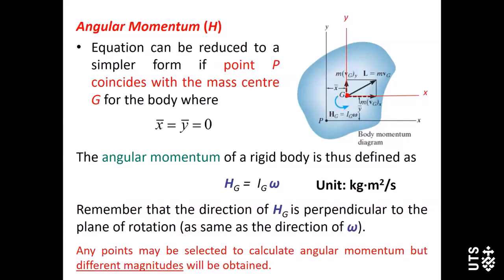This is very different from the calculation of kinetic energy of a rigid body. Any point may be selected to calculate kinetic energy of a rigid body, but only one magnitude may be obtained. We studied this last week.